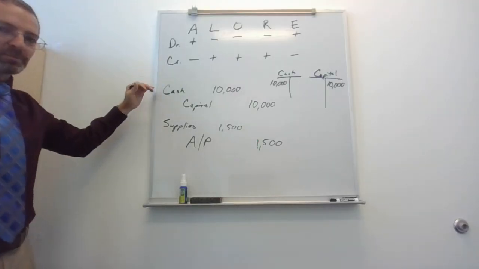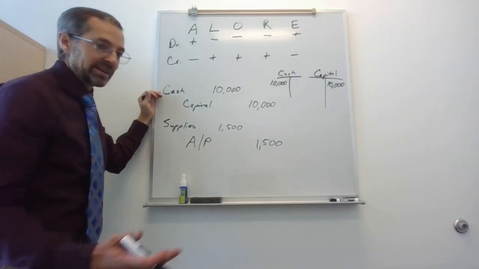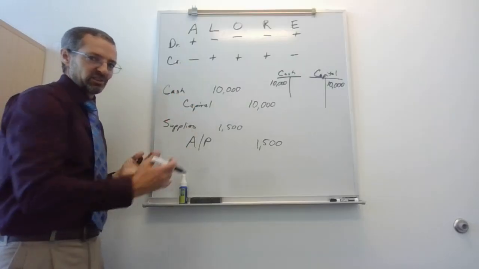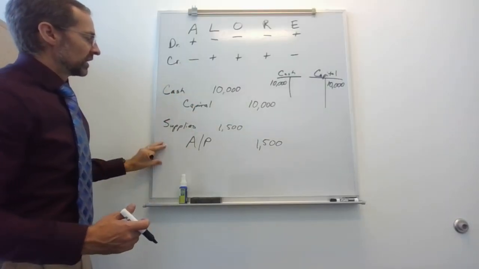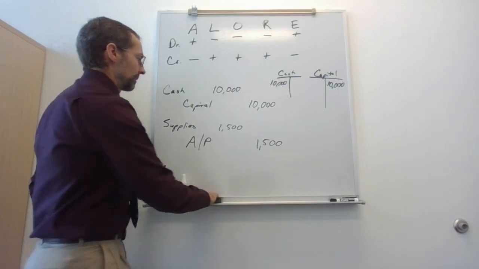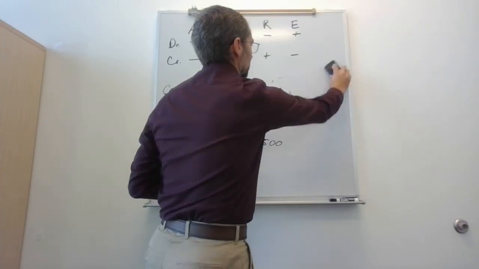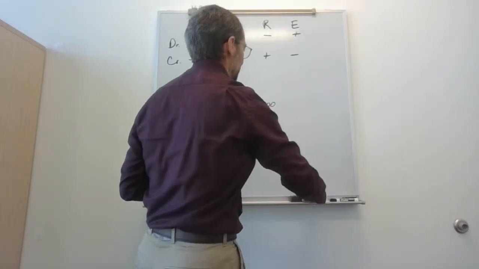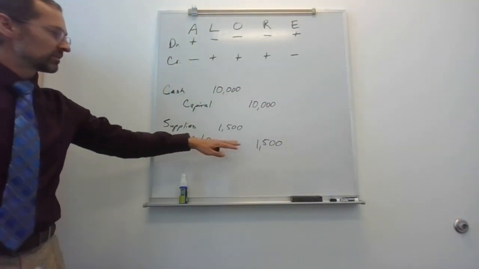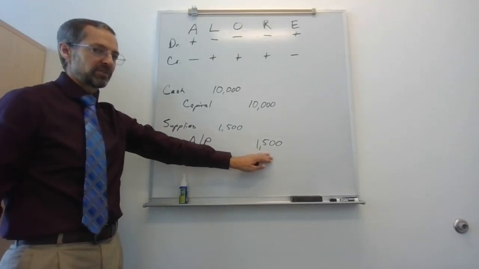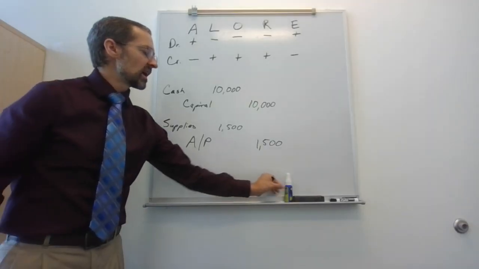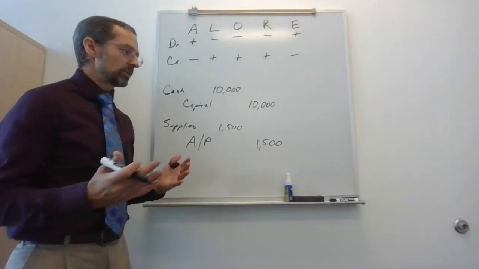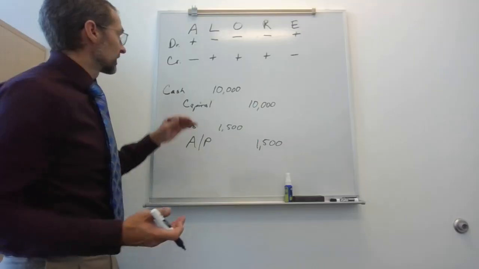So once you become familiar with accounting, you can actually read the story by just looking at the transactions. And let's do one more here. Let's say that we paid off part of that $1,500. Let's say we paid off 500 of it. So we say, all right, well, what's happening? Our cash is going down. We gave up $500 in cash.